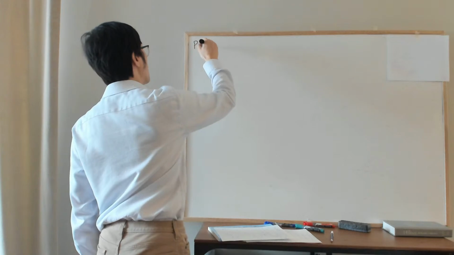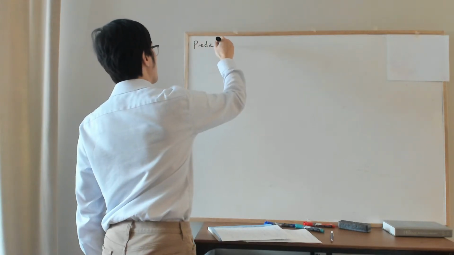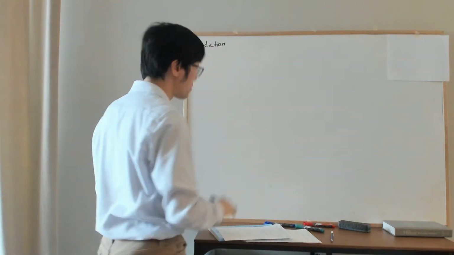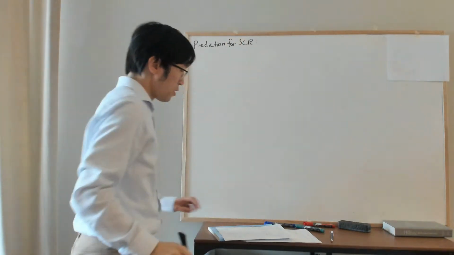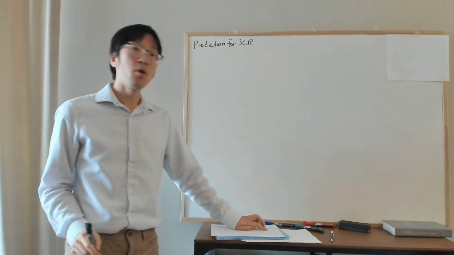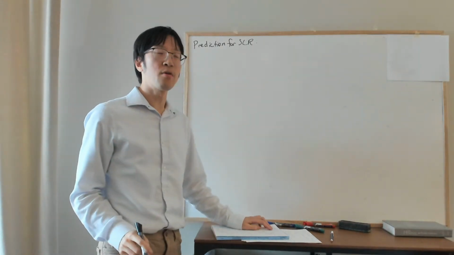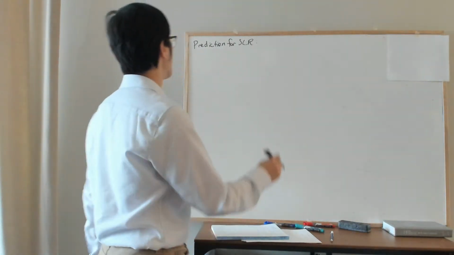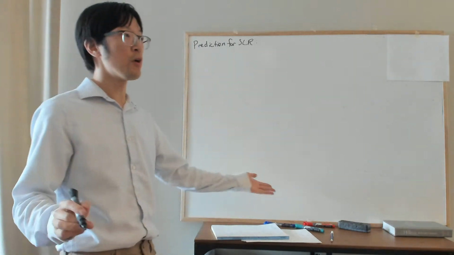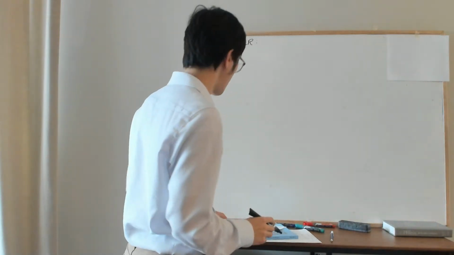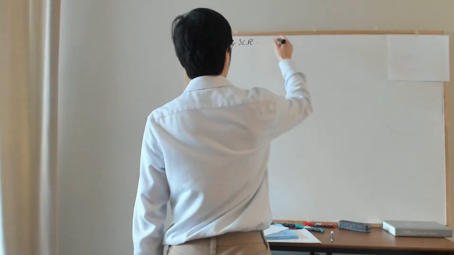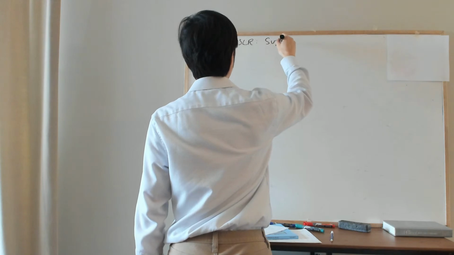So the prediction for this simple linear regression model that we fitted. The idea is, suppose we have a new value of x, and we want to predict y for it. So let's set it up as follows.